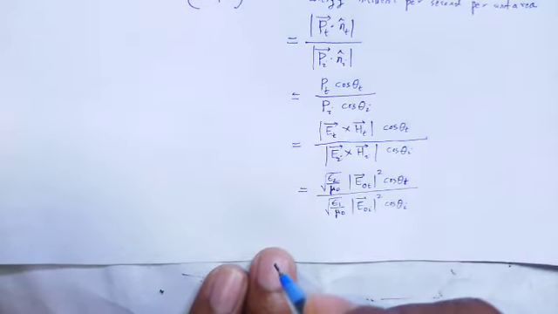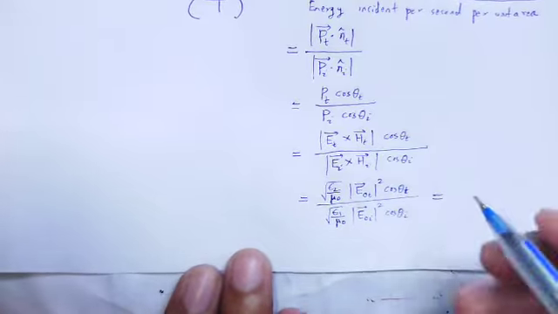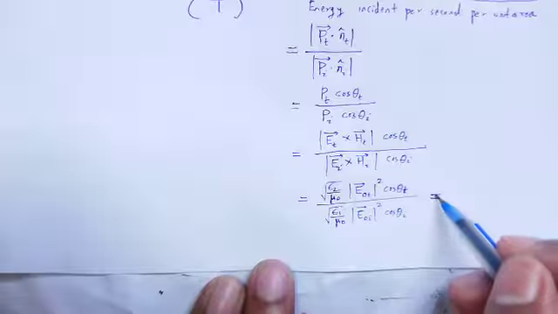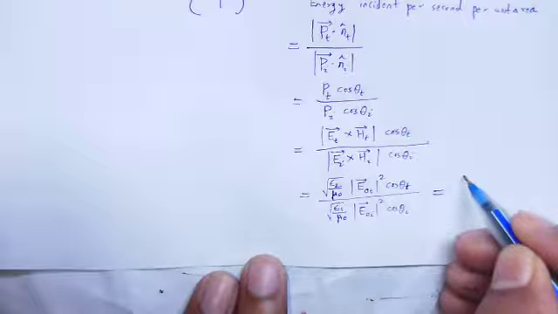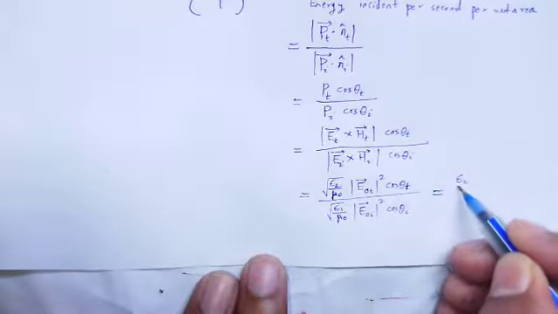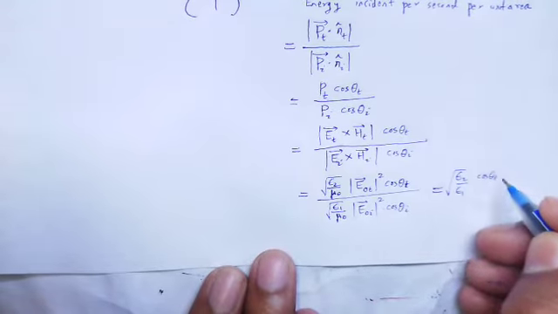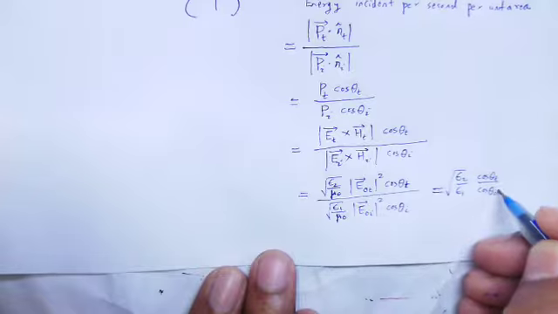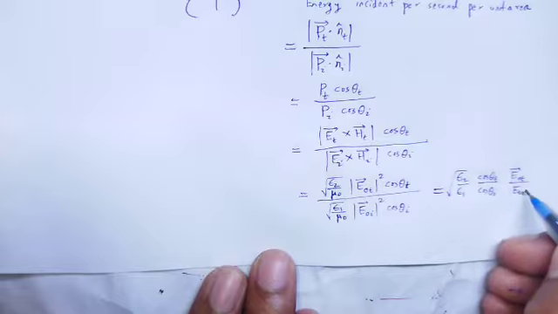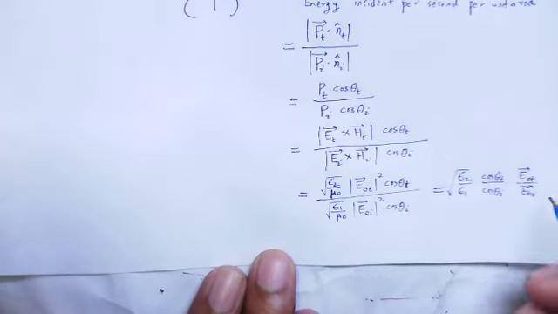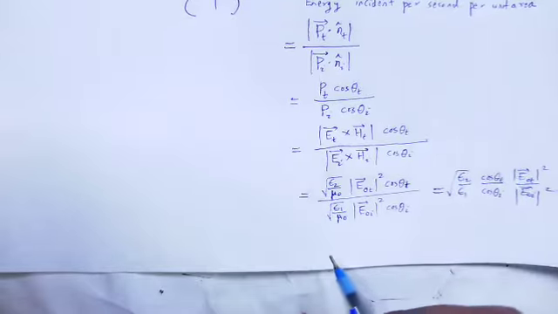Therefore, this is equal to square root of epsilon 2 by epsilon 1, cos theta t divided by cos theta i, E0T by E0I magnitude squared.